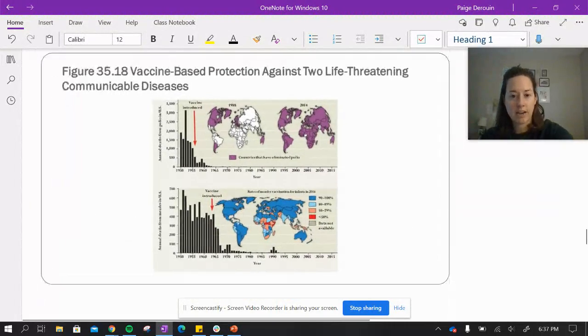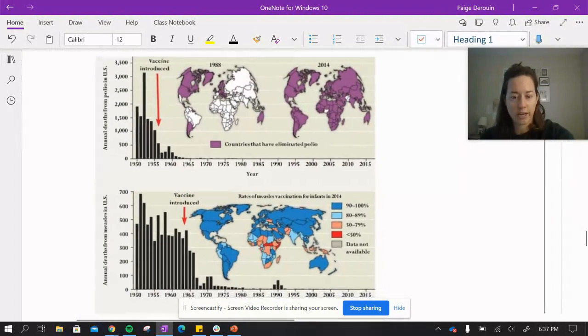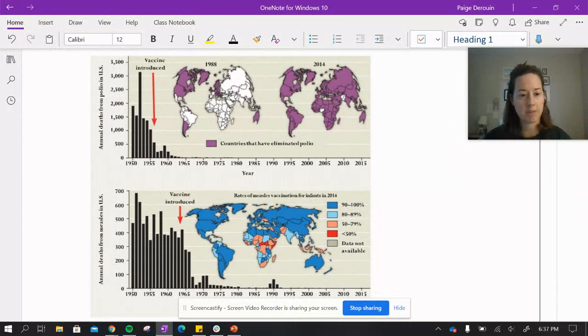Here are a couple diagrams about vaccines doing their job. The one on the top is polio. It shows annual deaths on the y-axis and years on the x-axis. You can see that when the vaccine is introduced in the late 1950s, the number of cases globally decreases hugely, to the point where now polio is not a virus that we have to worry about.